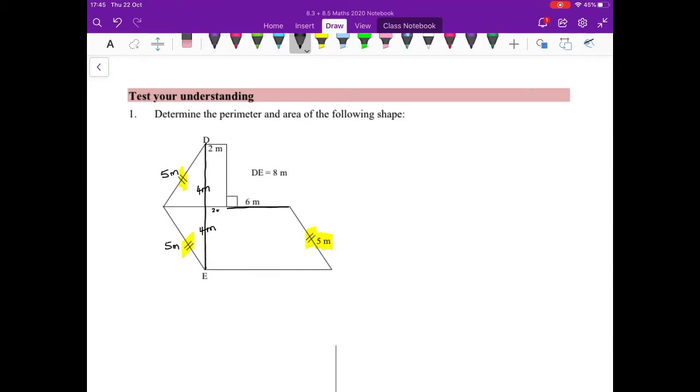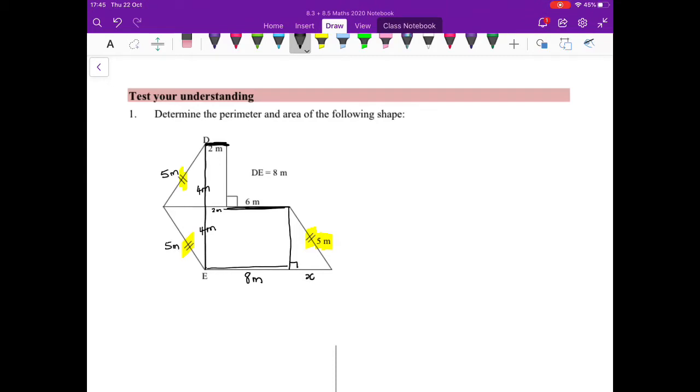This here is 2 meters. And I would have to draw a perpendicular line there, perpendicular to that. So the length of this side will be your 6 plus your 2, which is going to be 8 meters. I don't know what that is.